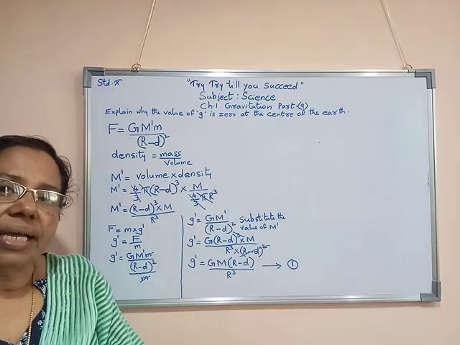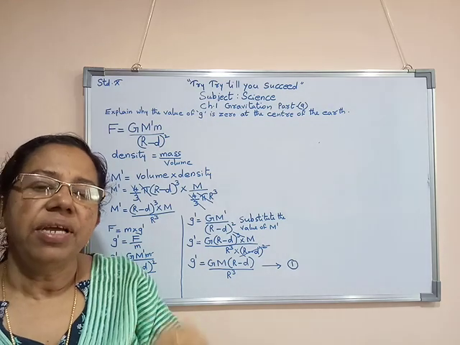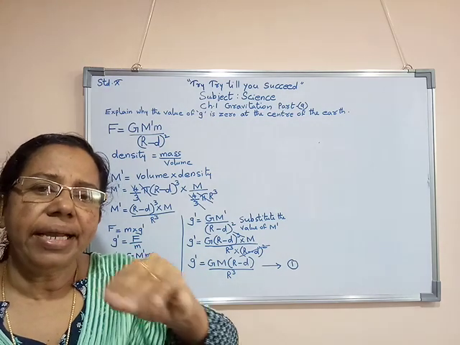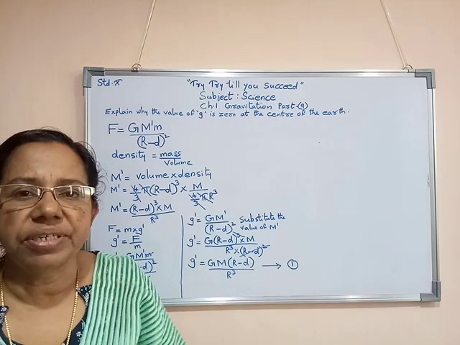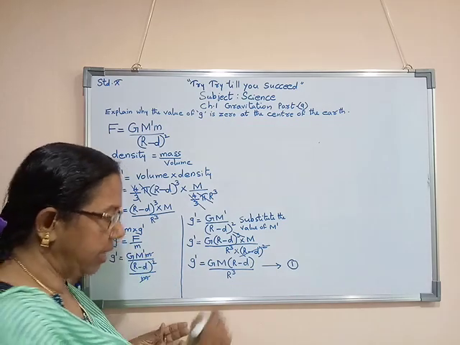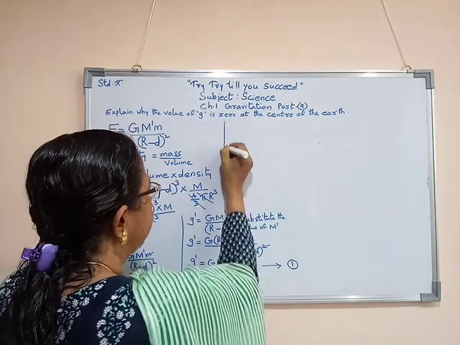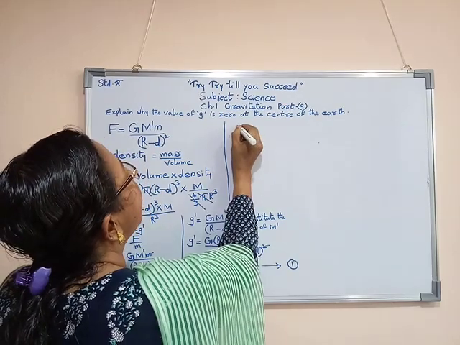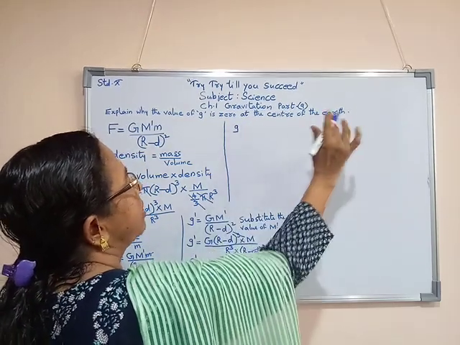For that we are taking the value of g when any object is lying on the surface of the earth. So for that first I am writing the value of g on the surface of the earth.